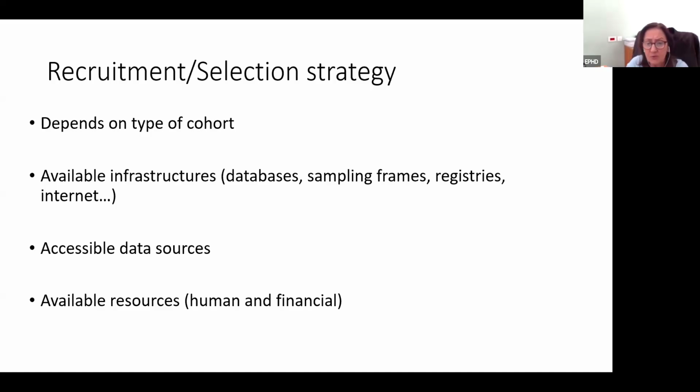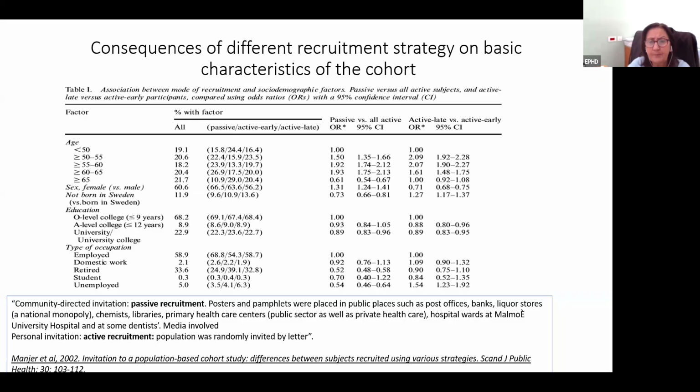And if I don't have enough resources to survey all of Beirut, and I don't have enough trained data collectors, again, this is a factor that should be thought about when I think about recruitment.